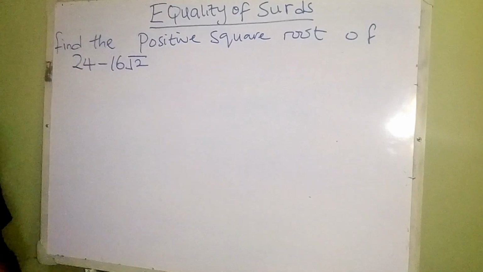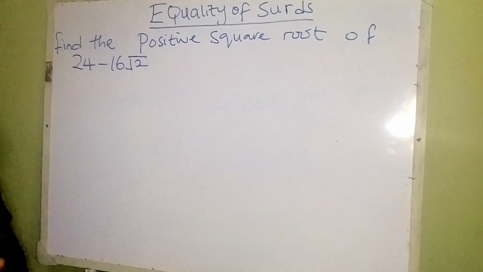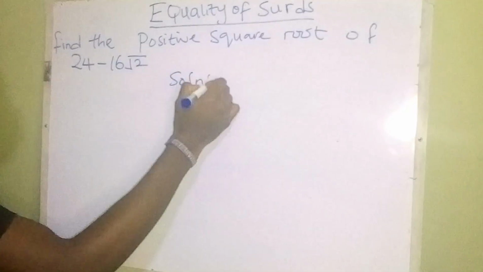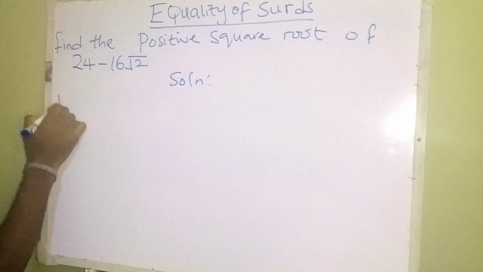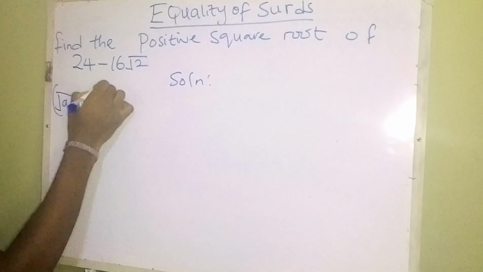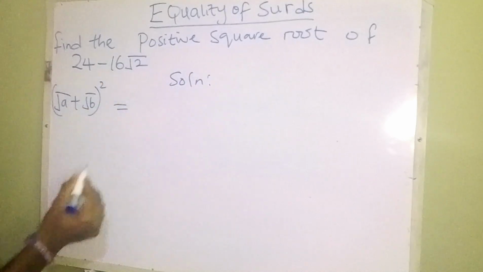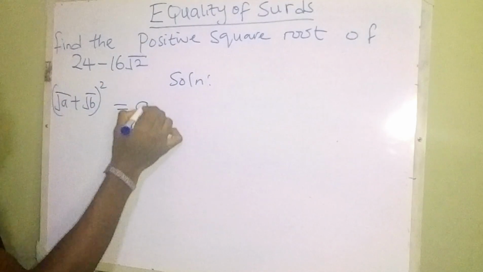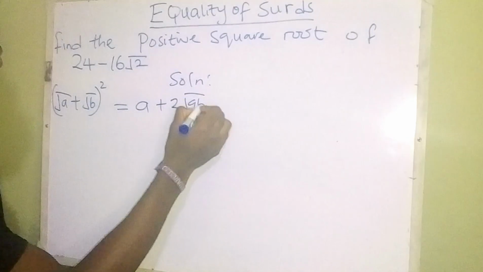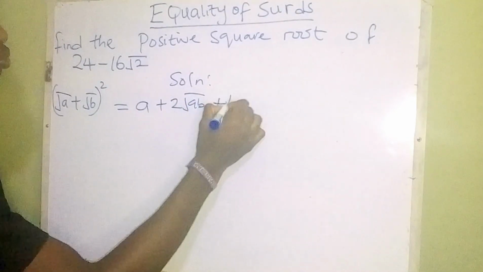Since we are familiar with those two rules, let me write the solution here. Square root of a plus square root of b all squared. Since we are finding the positive square root, this will give me a plus 2 square root of ab plus b.